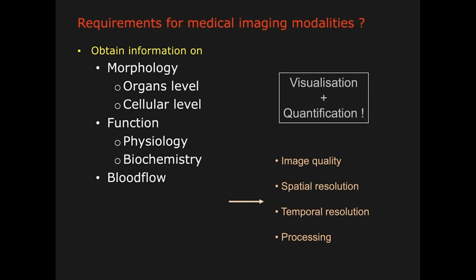But actually, what we also want is to go further. Ideally, you would go to the cellular level, because what we know is that the cellular properties, the tissue properties themselves, are of course very important in diseases, or, for example, in congenital diseases, which means that they have a genetic basis and you get them from birth.